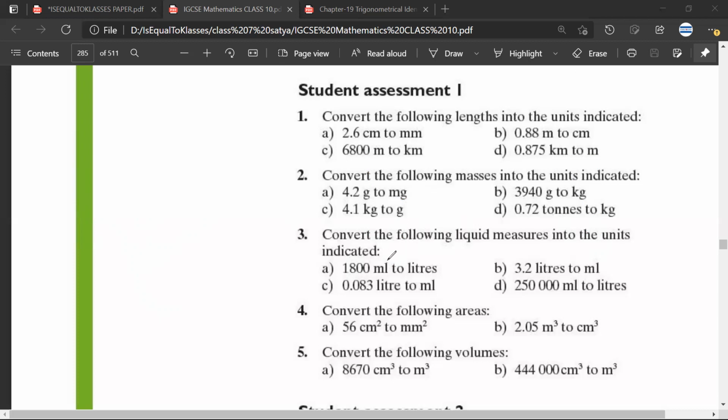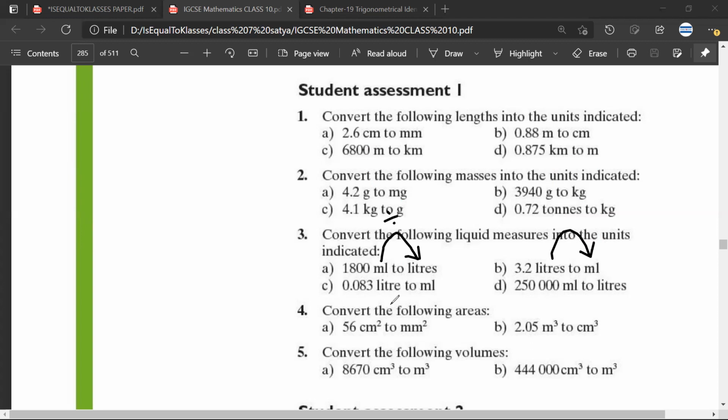One is, for example, from milliliter to liter, if I am going, Mr. Satya, number will increase or decrease? So it will decrease. Do I multiply or divide? Divide. Liters to milliliters, number will increase or decrease? Increase.